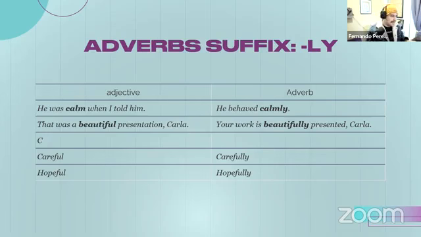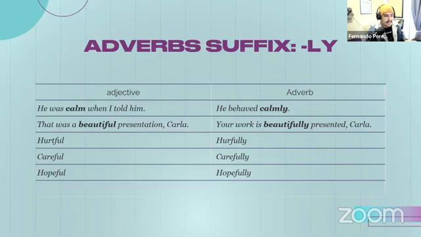We have hurtful. Hurtfully. Okay, the first thing you may notice is that when you are spelling, you need first to double the L. Okay, attention here.